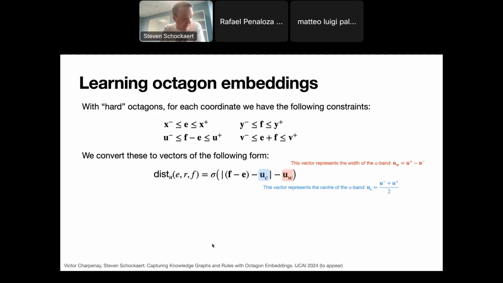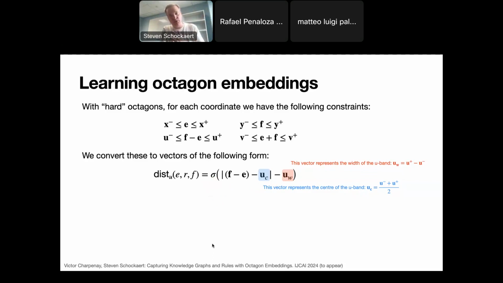This is a sigmoid; the details don't really matter. It's basically like a logistic regression loss where the hyperplane that we want to model corresponds to the side of the octagon, right? So for a given coordinate, this will be close to 0 if a point is outside the octagon.